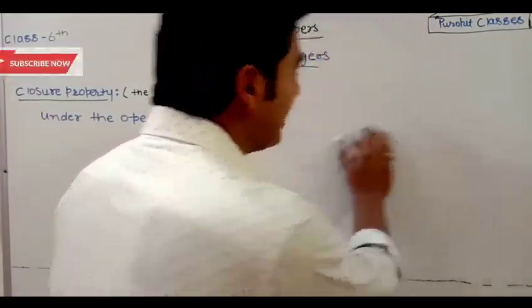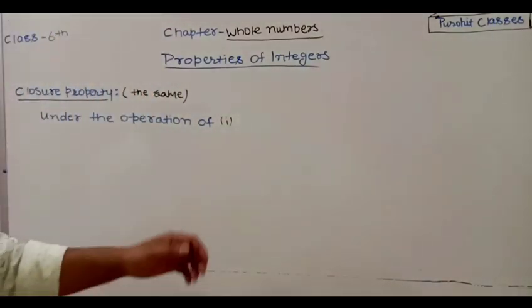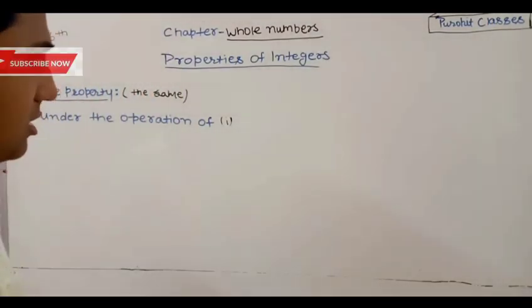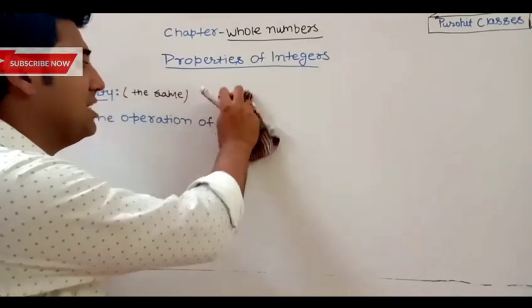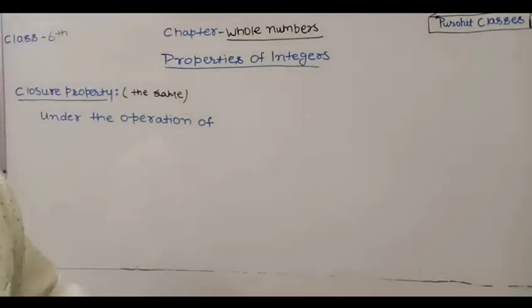If there is at least one case which does not satisfy the statement, then in general we say that it does not follow. Understood?